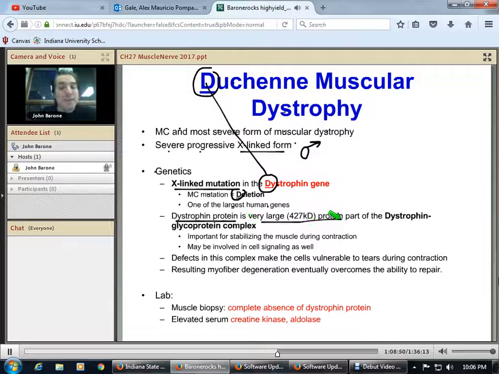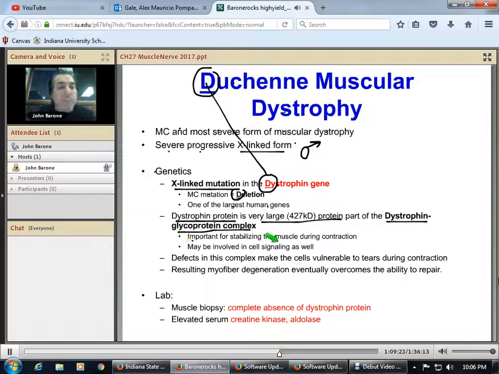Now, normally we need it to make dystrophin protein. It's a very large structural protein, and that's what they want us to know. It's for structure of muscle. It's part of the dystrophin glycoprotein complex. In other words, it attaches the membrane to the actin filaments of muscle. It's for structure, it connects it. So if you don't have it, your muscles are going to contract and they're not connected.